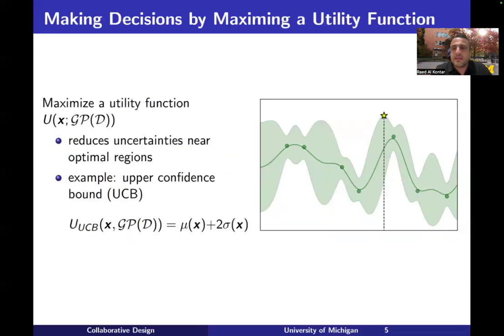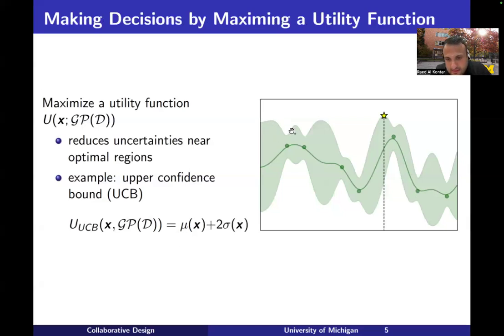Okay. And then you have the posterior belief, and then what follows the posterior belief is what we call a utility function. The utility function uses the posterior belief, okay, and quantifies the benefit of doing an experiment at any location x, okay? To give you a very simple example, let's assume the utility function for us is simply the upper confidence bound, okay?